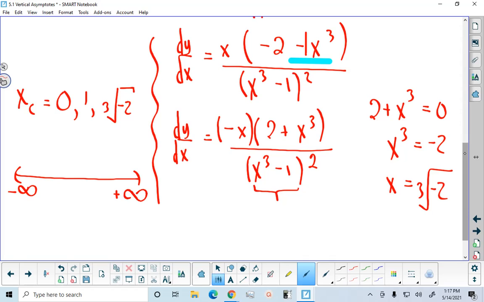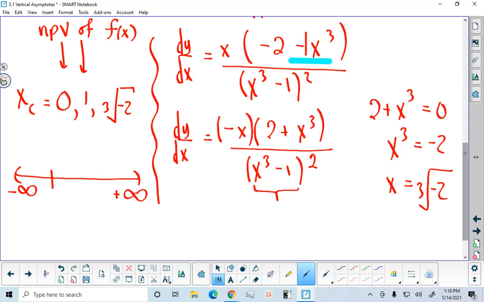Now there's a bit of a hitch in this because we do have non-permissible values, but the two non-permissible values of the function turn out to be critical values of the derivative, and that must always be true. Because if you're not allowed to use x equals 0 in the function, then there's no way the derivative can be defined at x equals 0. So we don't need to overanalyze the domain in this example.